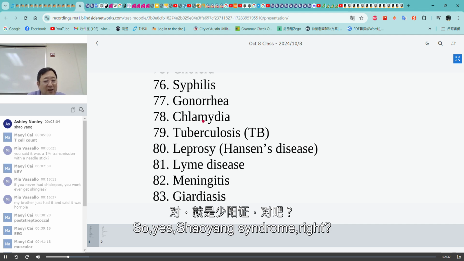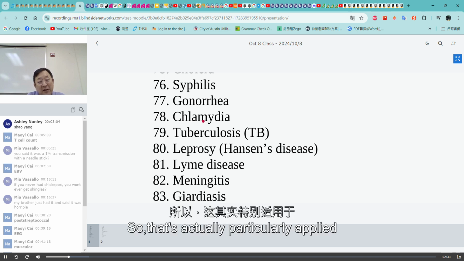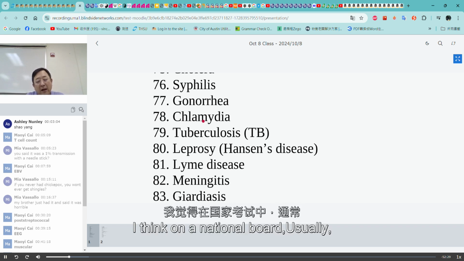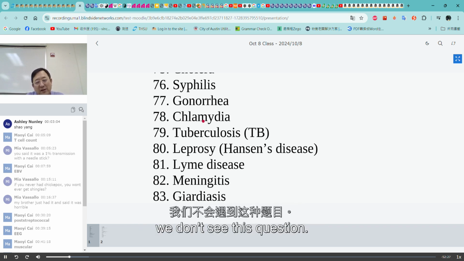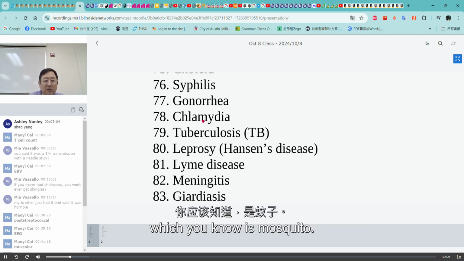Shaoyang, yes. Shaoyang syndrome, right? Half and a half, intermittent. So that's actually particularly applied to malaria. We know that, okay? I think on a national board, usually we don't see this question. If they ask, they probably will ask you the transmission vector, which is mosquito.